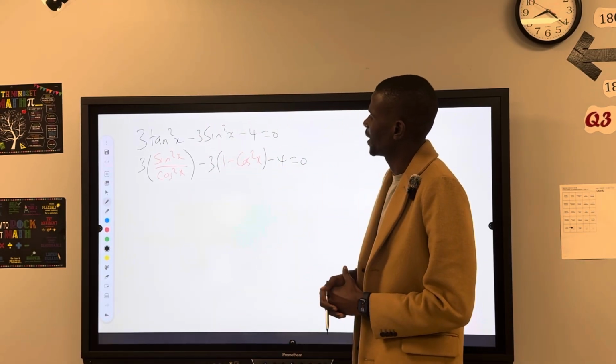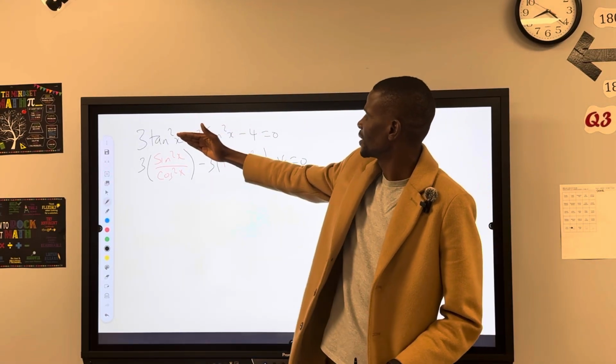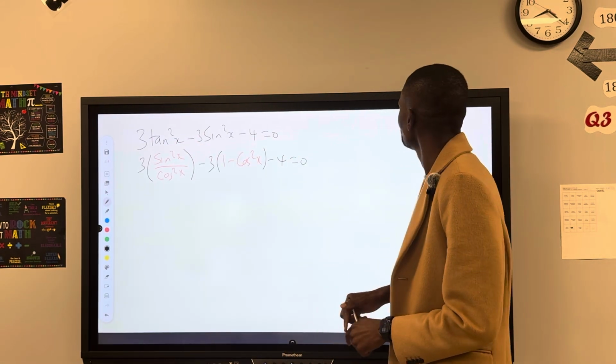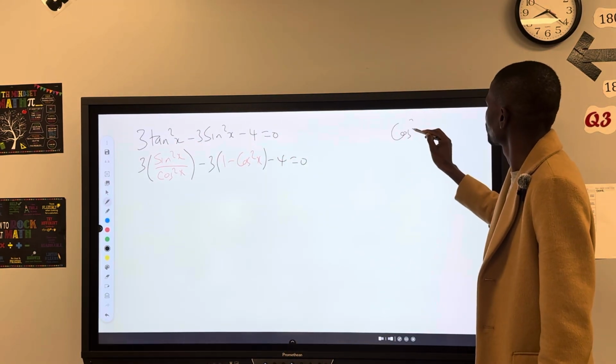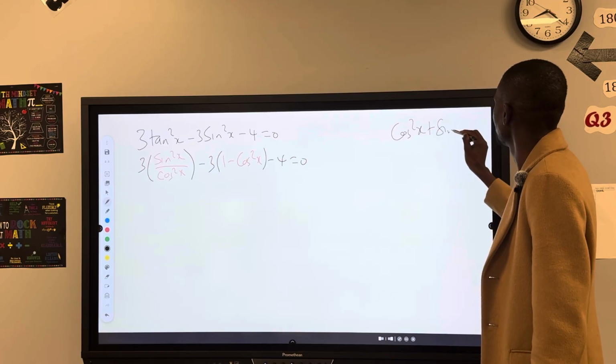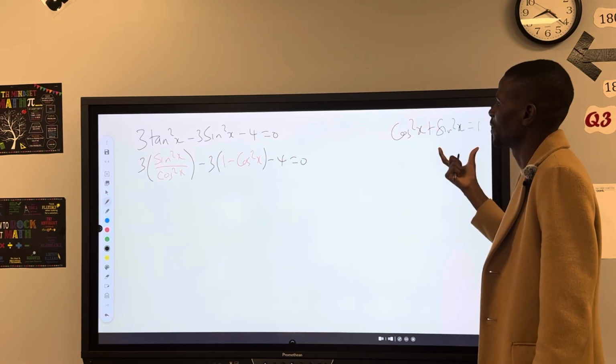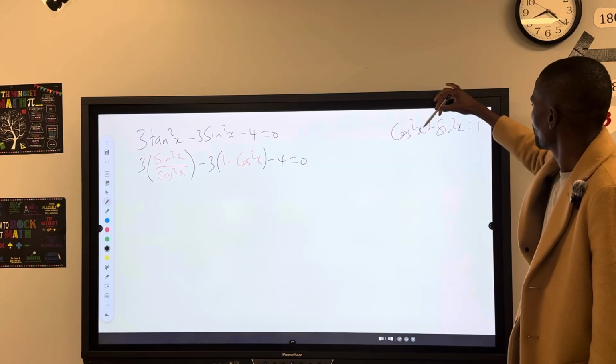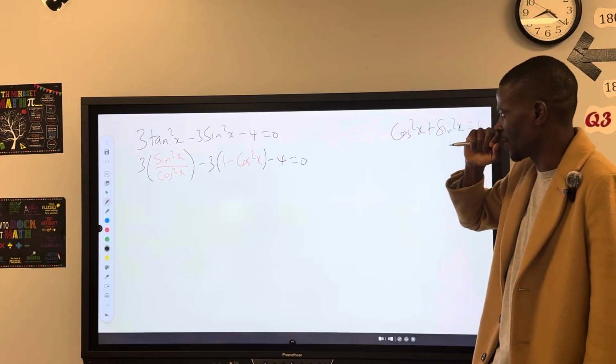Here, guys, what I just did was rewrite tan squared in terms of sine and cos. Then I used the identity cos squared x plus sine squared x equal to 1.